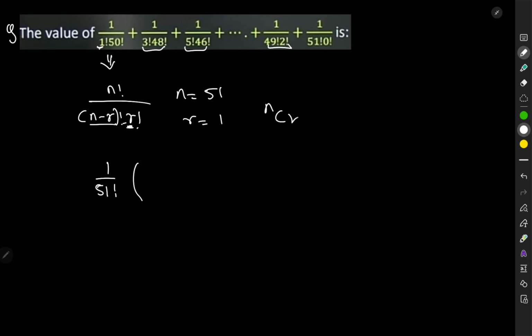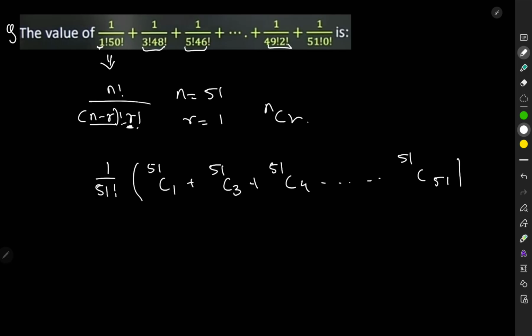So how will I write? 51C1, here n is 51 for the first term, so similarly I can write 51C3 plus 51C4 till 51C51, right?